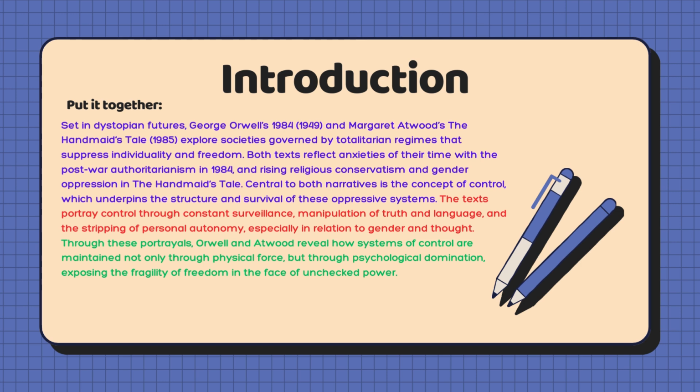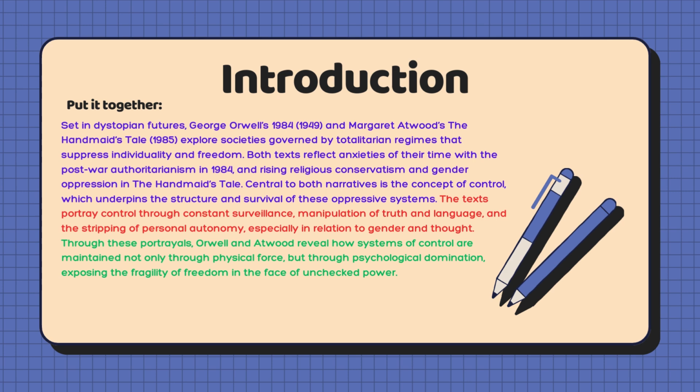So what you need to do now is bring all three parts together. We have our C, our context, our A, our arguments, and our T, our thesis. This gives you one complete introduction. When you're looking at my full paragraph on the screen now, we have our C, the context.